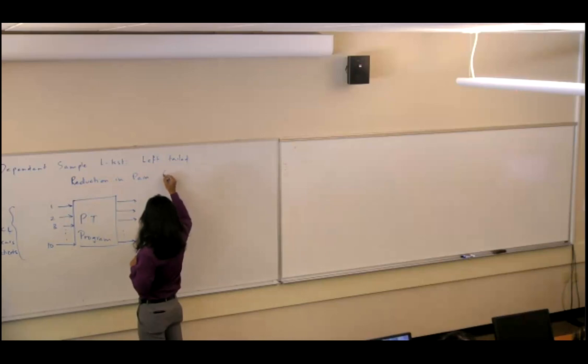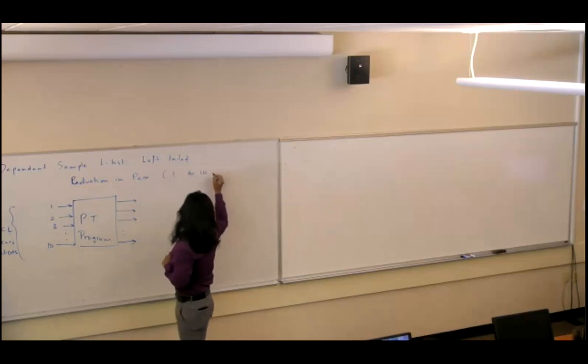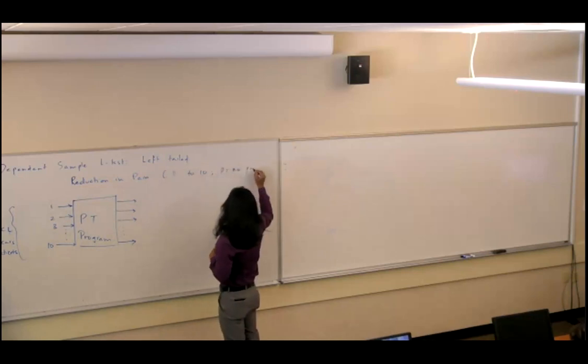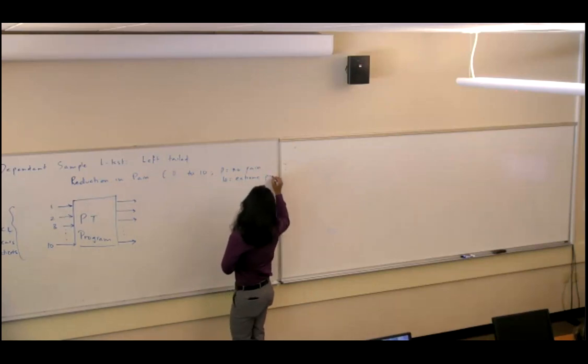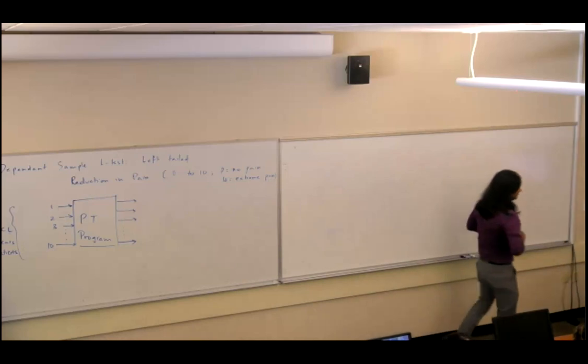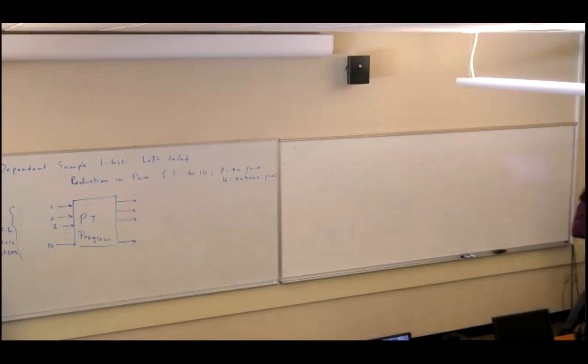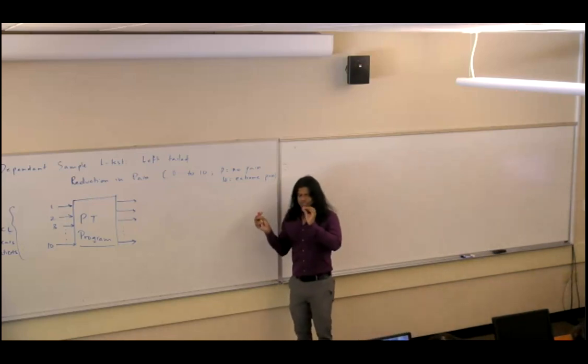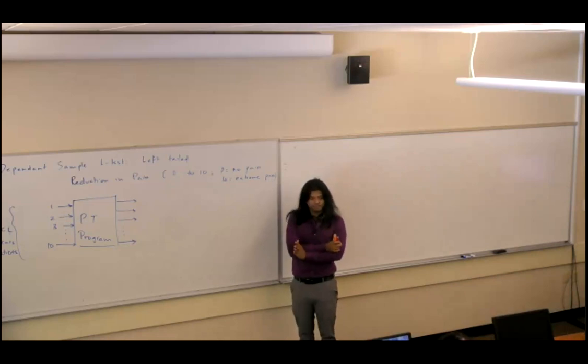Scale of 0 to 10. 0, no pain. 10, extreme pain. I could have gone with what Olivia had and defined the difference in a way that I would get negative values.